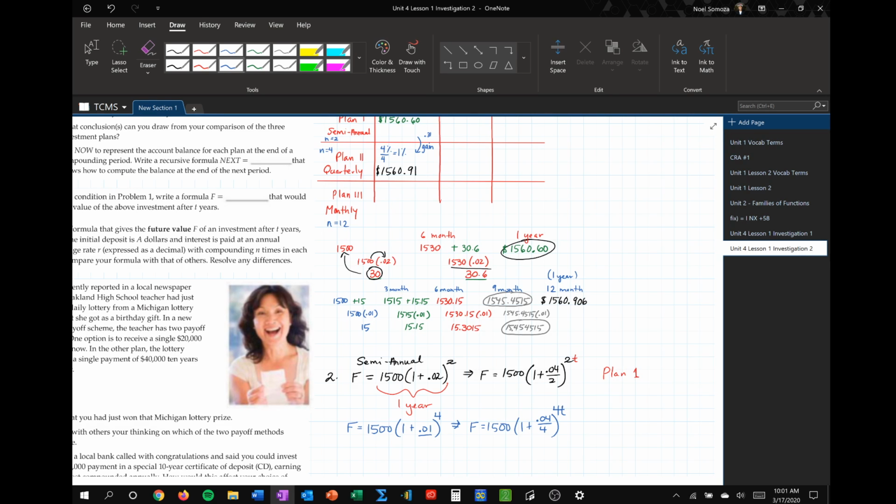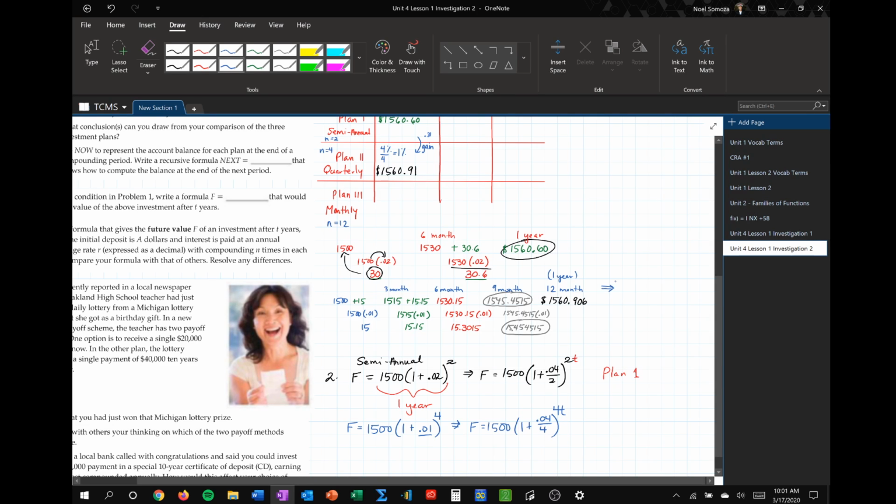But you can see how tedious that would be if we had to continue this, 15 months, 18 months, 21 months, 24 months, and you were getting decimals that were already pretty extensive. So the t here as part of the exponent, 4 times t, is a power of whatever's on the inside.